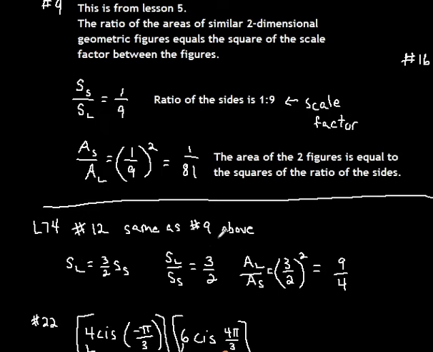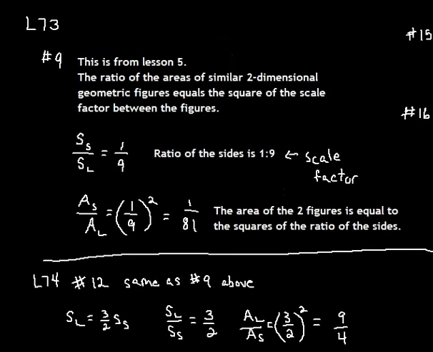So that's the ratio. That's the ratio of the sides, 3 to 2. So the ratio of the areas is the ratio of the sides squared. So that's how you get 9/4. So that one should be pretty easy, especially since it's from geometry.